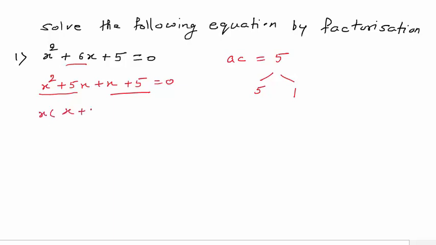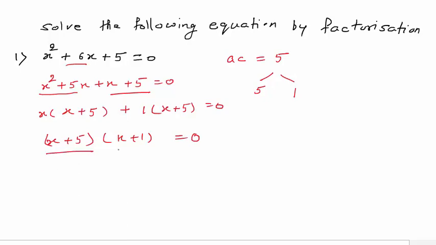So in bracket I have x plus 5, and here I will take 1 common and I will get x plus 5 equal to 0. So this x plus 5 in one bracket and x plus 1 in another bracket will be equals to 0. As the product of these two factors is 0, I will say that x plus 5 is 0, or I will say that x plus 1 equal to 0.